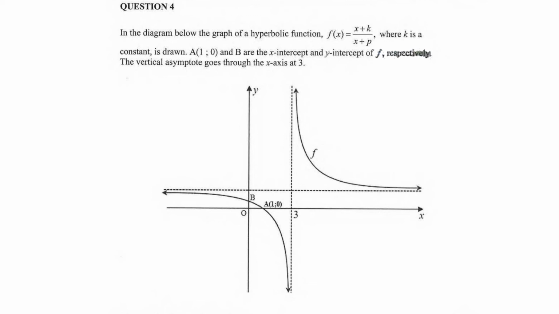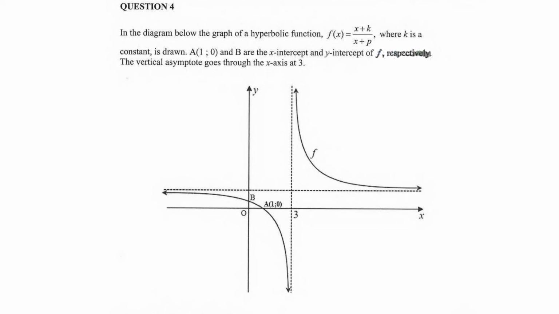So here we are dealing with a hyperbola. f of x is equal to x plus k over x plus p, where k is a constant, is drawn. A and B are the x-intercept and y-intercept of f respectively. The vertical asymptote goes through the x-axis at 3.